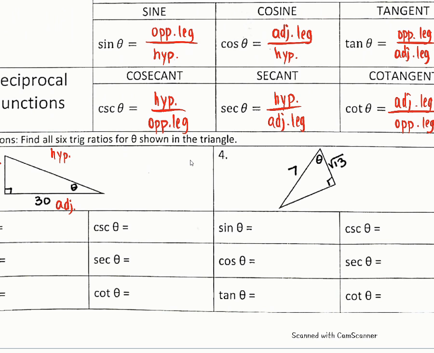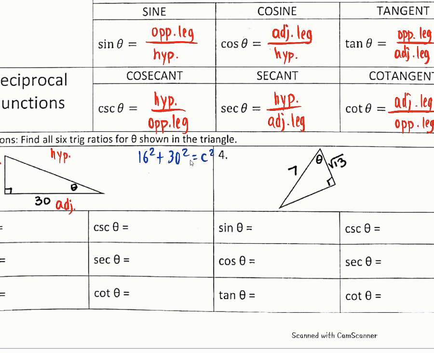So let's combine what we just learned with what we just learned. How do I find that hypotenuse? We got to go back to what? Pythagorean theorem. We don't have C. We have A and B, and it doesn't matter which one they are. So 16 squared plus 30 squared equals C squared.